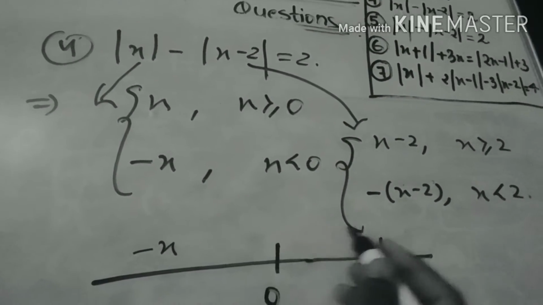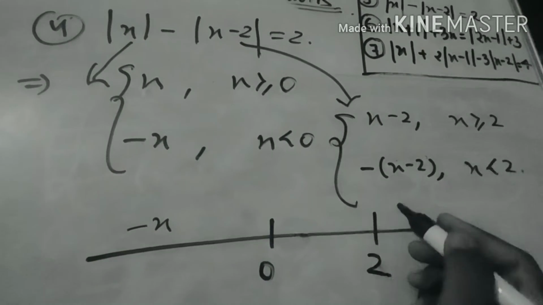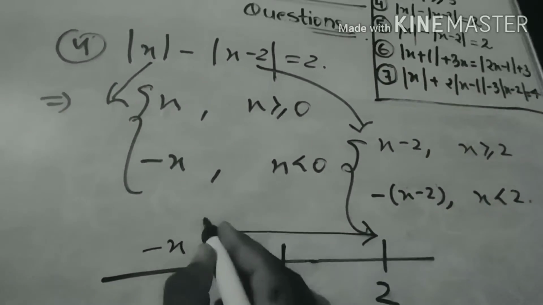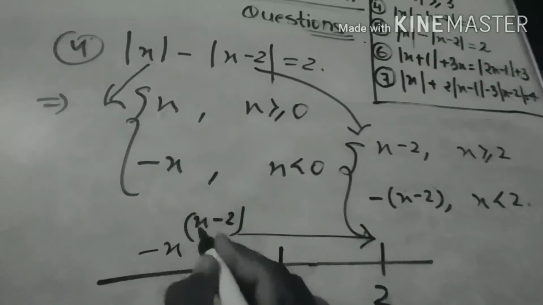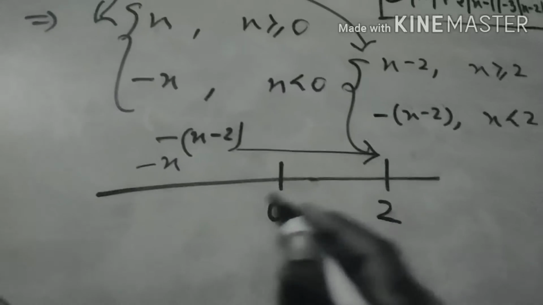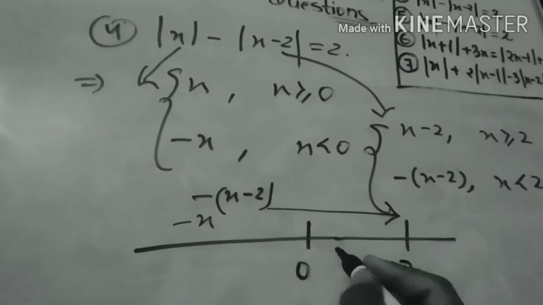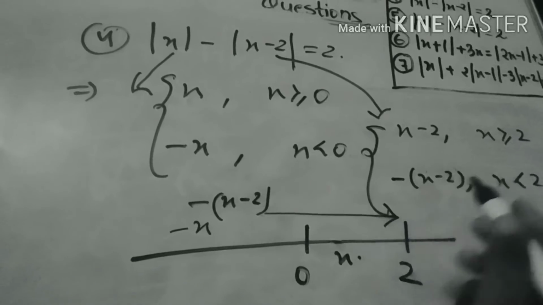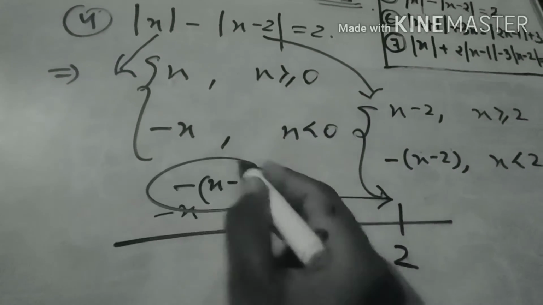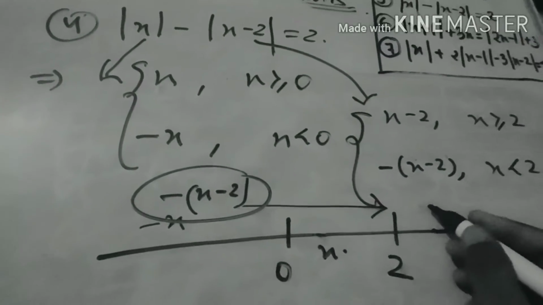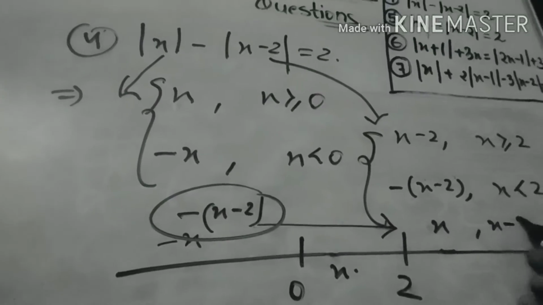Between 0 and 2 the value of x will be x, and modulus x minus 2 will be the same, minus of x minus 2, and after 2 all the values will be x and x minus 2.